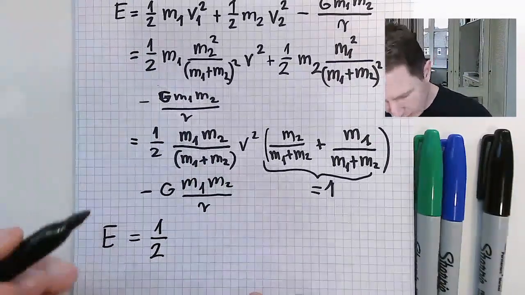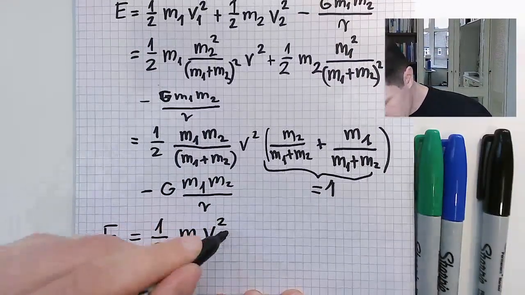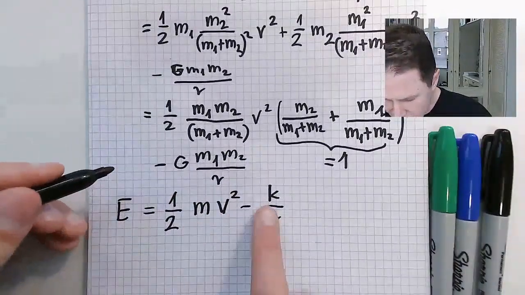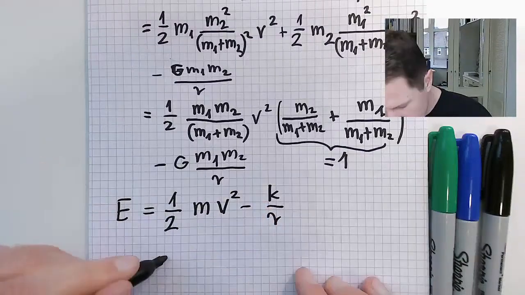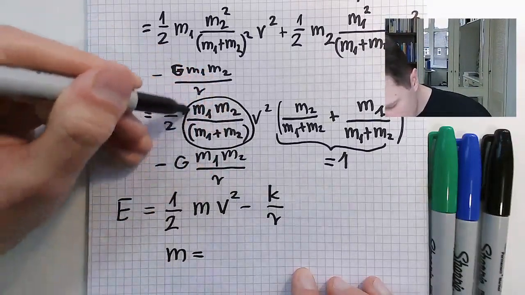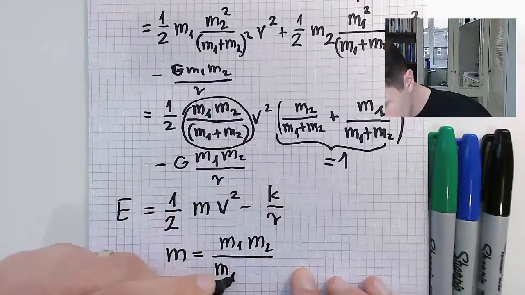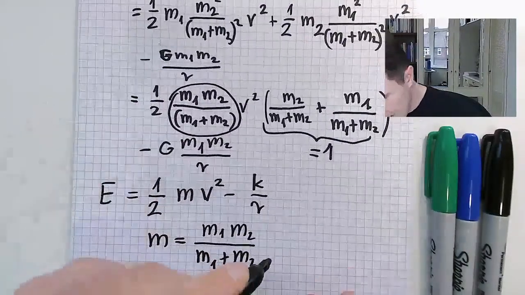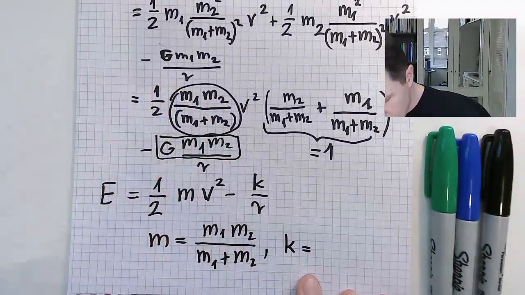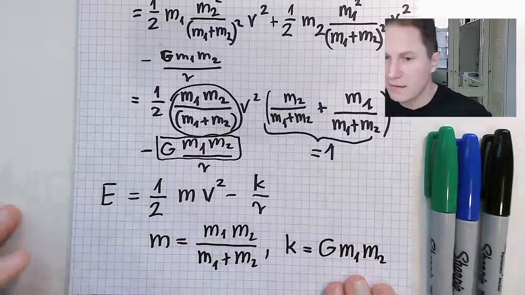It's 1/2 times m v squared minus k over r, where I introduced these two new quantities, m and k. m is equal to this thing right here, m1 times m2 divided by m1 plus m2, and k stands for this numerator, so that's G, the gravitational constant, times the two masses.